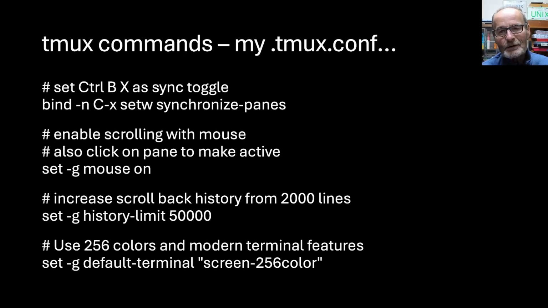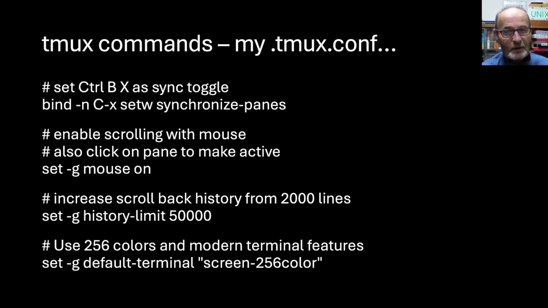I was aware that it was difficult or impossible with what I knew to scroll back, so this is a major step forward. Now, the default scroll history is 2,000 lines. At the moment I've got mine set to 50,000, which is probably a little bit excessive, but that's the next command. And then the final one simply improves the output color-wise and things like that. So that's quite good.